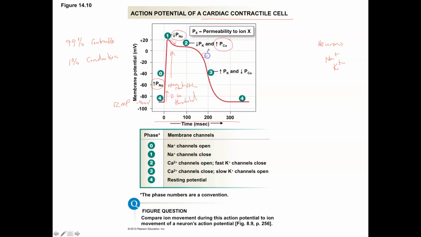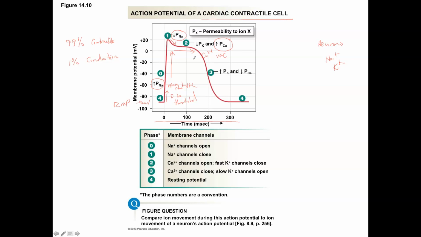That's the big difference from a neuron. Calcium voltage gated channels opening is going to allow calcium to enter into the contractile cells, and that's going to create this plateau that we see here, preventing the contractile cells from returning to resting membrane potential. And so what we get here is this elongated action potential.